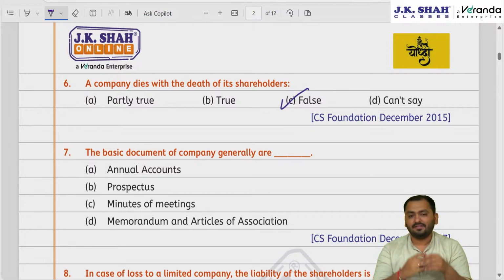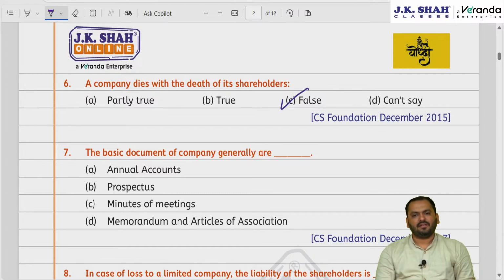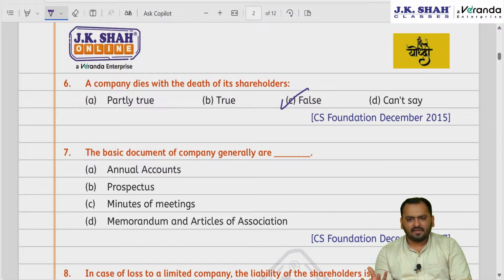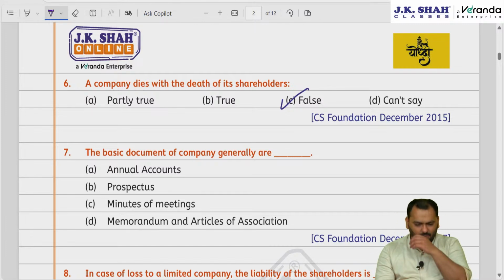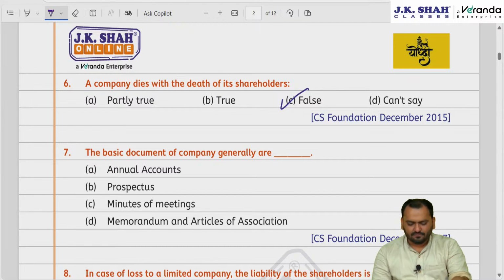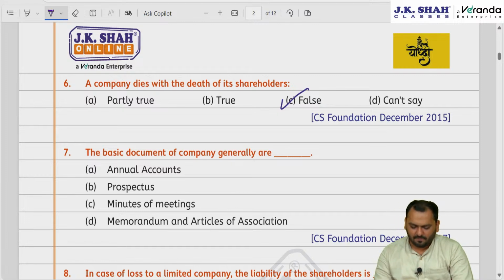Basically, I mean to say the existence of the members of a company does not decide the existence of the company. If the existence of the members is affected, it does not affect the existence of the company. Okay friends, so that way it goes. A company dies with the death of its shareholders, so the answer is false. I hope this is clear.